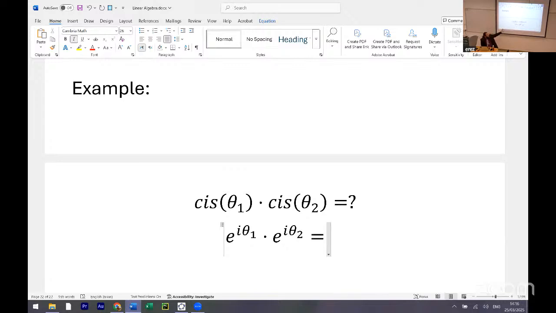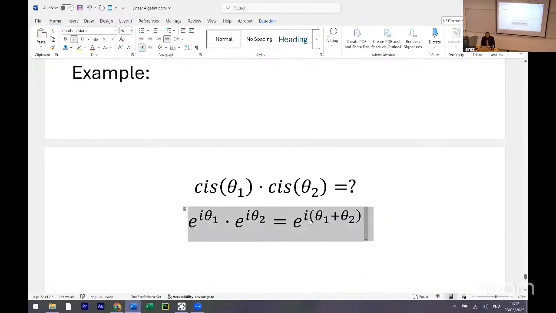Leave the distance part, the R part, the absolute value part alone. Just the cis, the cosine plus i sine. So what is the multiplication of these two? If we look at this notation, I think it's the sum. It's e to the power of i times theta 1 plus theta 2. Agreed?